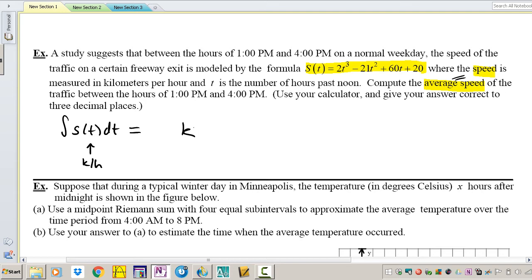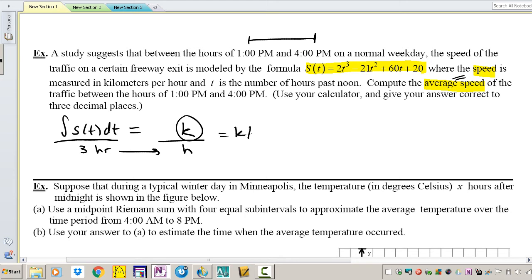Now that is not the answer to this problem. The answer has to be in kilometers per hour. So why does average value still give us the same units even though we're integrating? It's because we're dividing by the interval. For example, we're dividing by the number of hours from 1 to 4, which is a total of 3 hours. And when you divide kilometers by hours, you still get kilometers per hour.